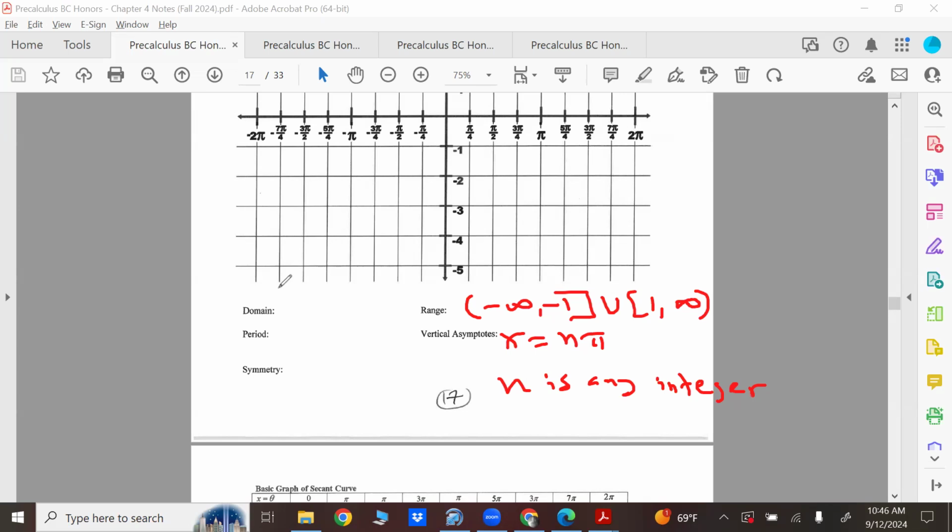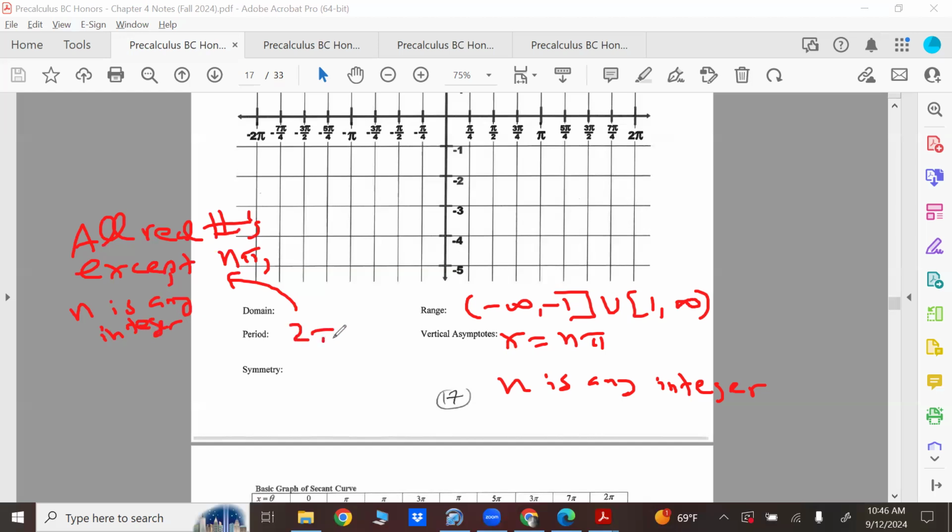I'm just trying to think of the right way to say it. You could say all real numbers except n pi, where n is any integer. Period's still 2 pi. Symmetry is still odd. That didn't change. So there are going to be some transformations that come with that.